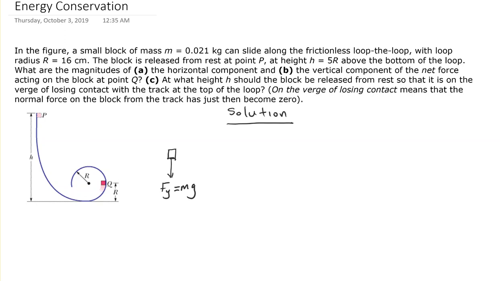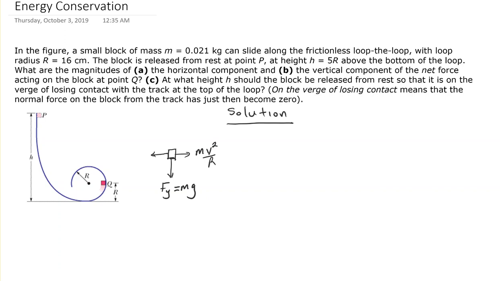And then the second one is the reaction of the loop on the block, and that's equivalent to the centripetal force of the block, acting this way, which is m times centripetal acceleration, v squared over r.